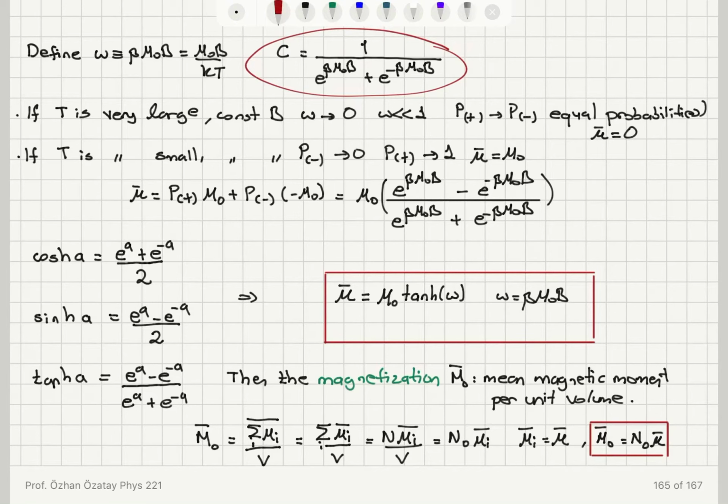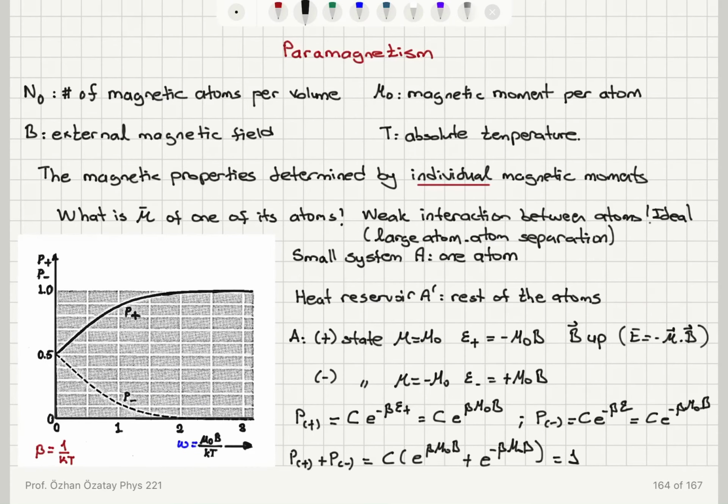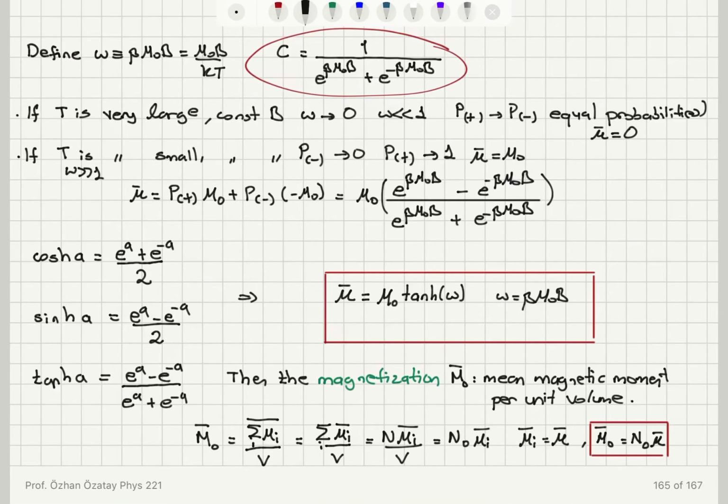If the temperature is small for constant magnetic field, this corresponds to the omega much greater than 1 limit, and in this case you will have e to the plus beta mu 0 B dominating over e to the minus beta mu 0 B. So you will have P plus increasing and P minus decreasing. P plus will go to 1, P minus will go to 0. The plus state has magnetic moment mu 0, so the mean moment should be approaching mu 0.